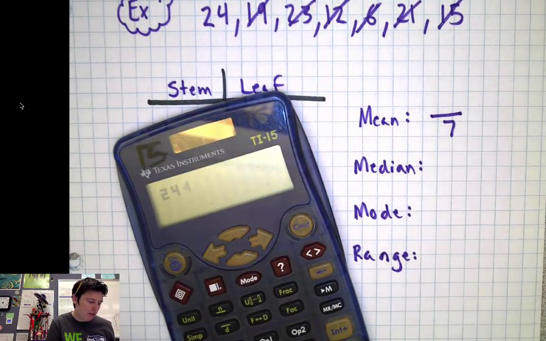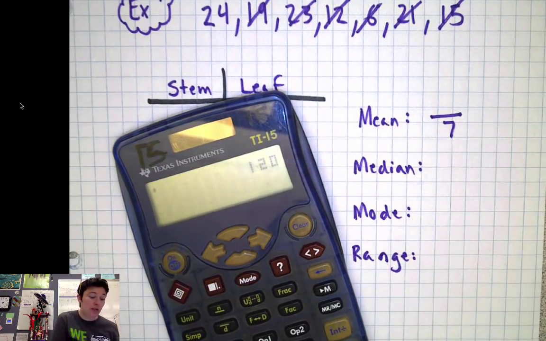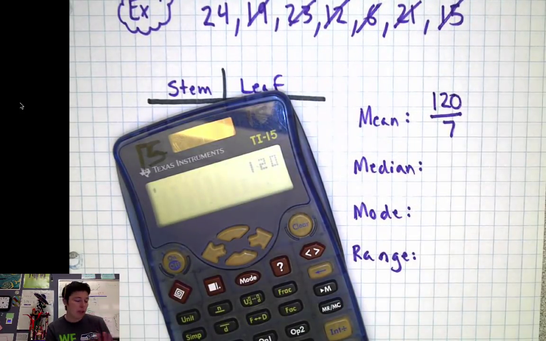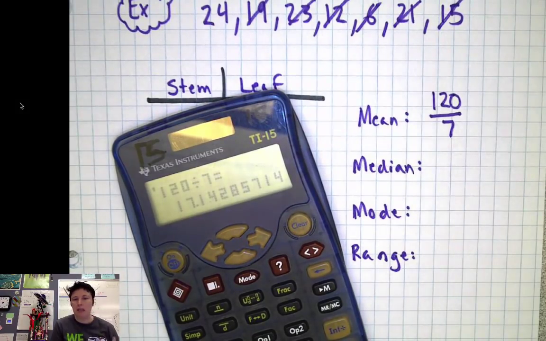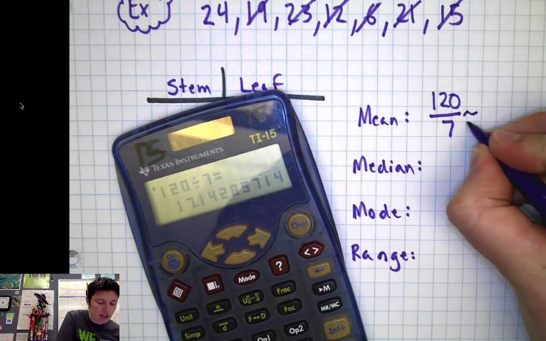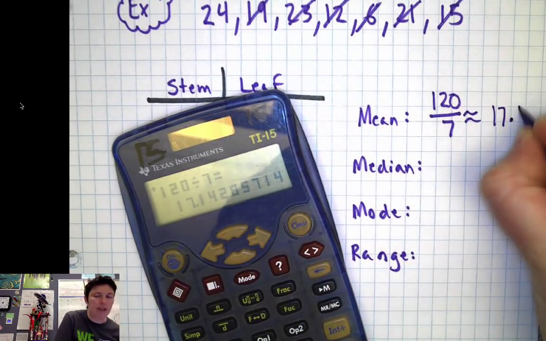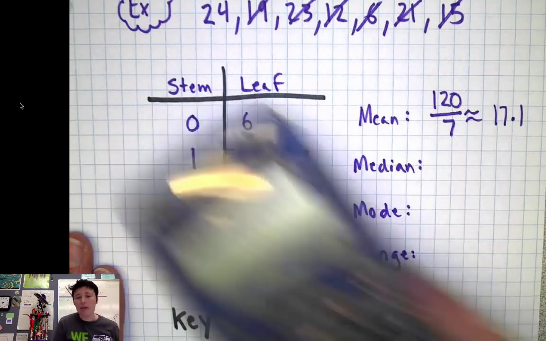We had 24 plus 19 plus 23 plus 12 plus 6 plus 21 plus 15, which is a total of 120. So to get our average, we're going to do 120 divided by 7, which again is a decimal. So wiggly equal sign, it is about equal to, I'd say 17.1 on average.